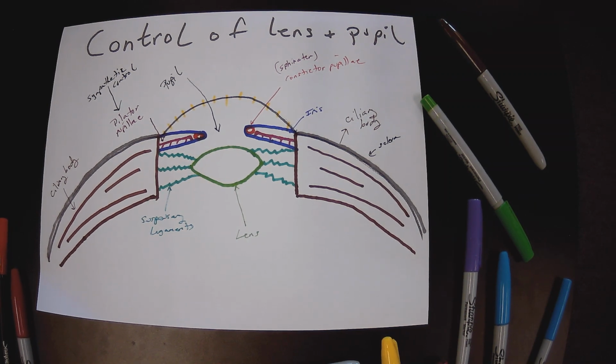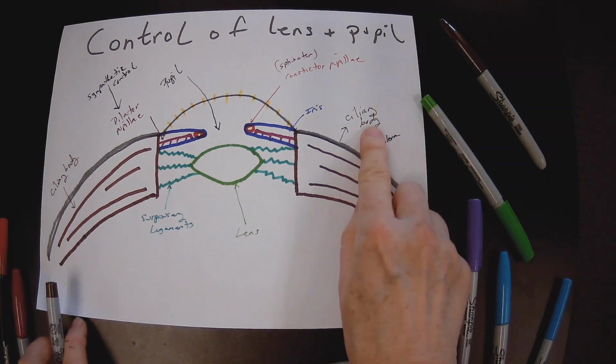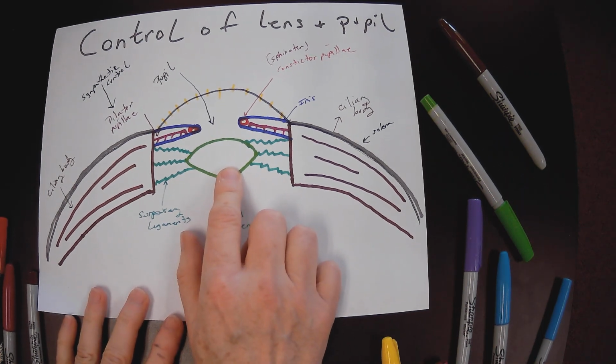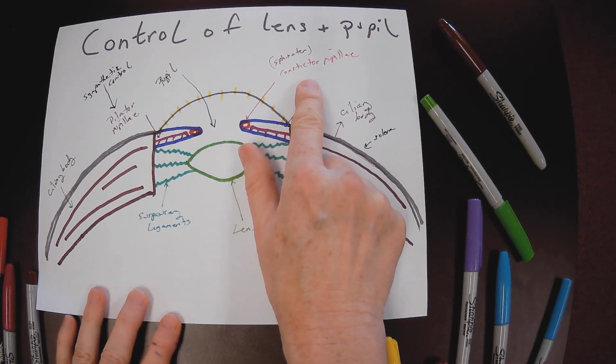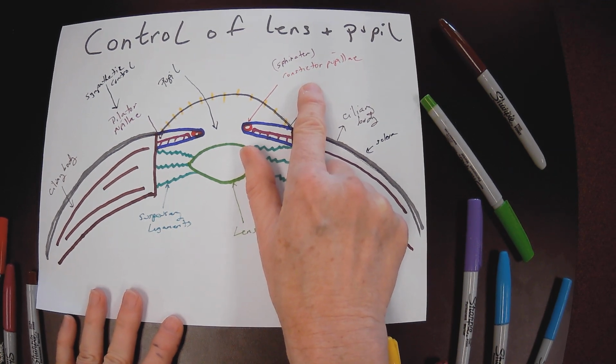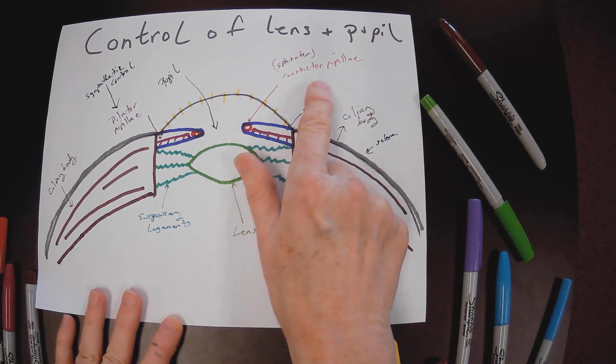So does that mean the constrictor pupillae is parasympathetic? Absolutely. So the constrictor pupillae, sphincter pupillae, and the ciliary body, if you remember, we talked about accommodation, lens accommodation, and we also talked about pupillary constriction being under the control of what nucleus was that? Edinger-Westphal, right.